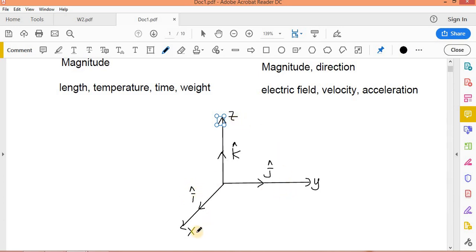So can you differentiate all these? This here we got nothing, it's just labeling, just a variable. But here we got a small symbol, and these small symbols represent the directions.